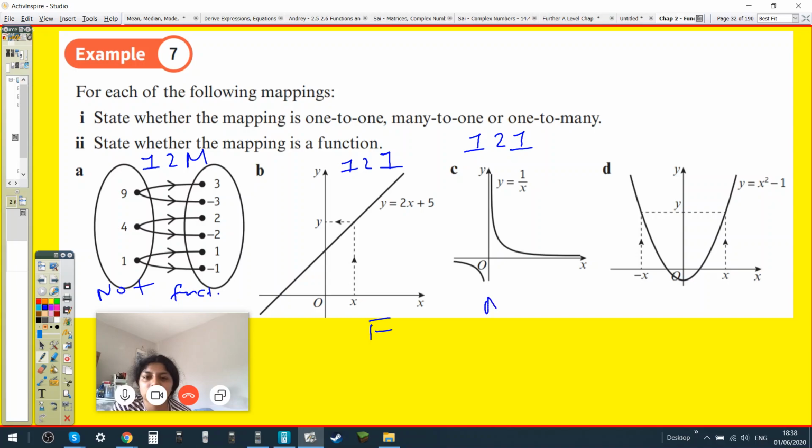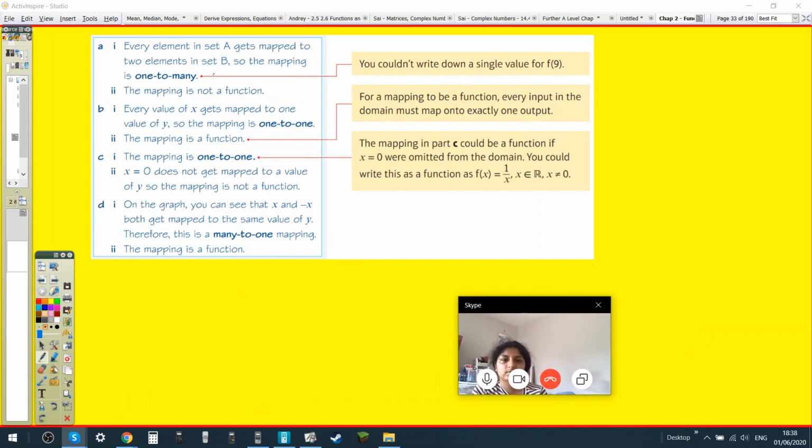It is not a function because it's not continuous. And then the last one is many to 1, and it is a function. Maybe I'm totally wrong about this. So the first one is 1 to many, not a function.